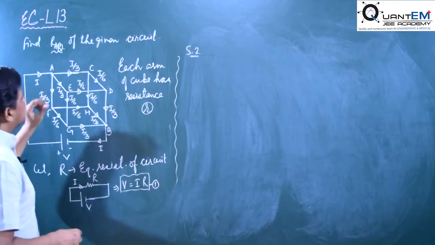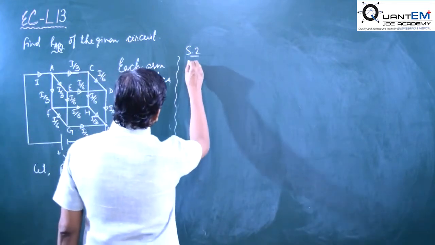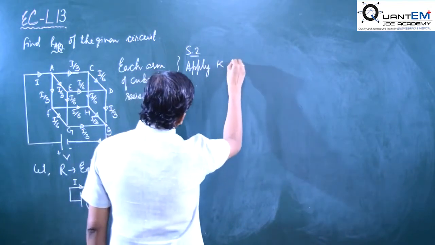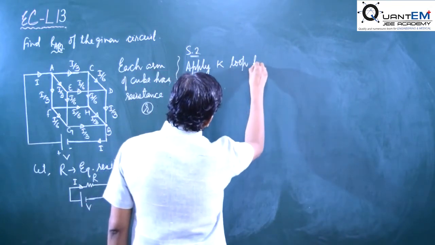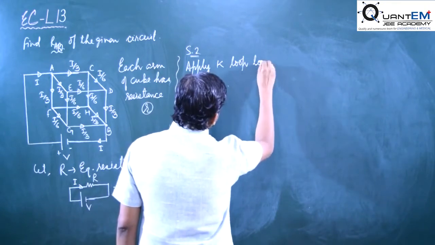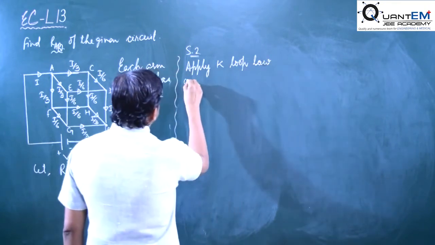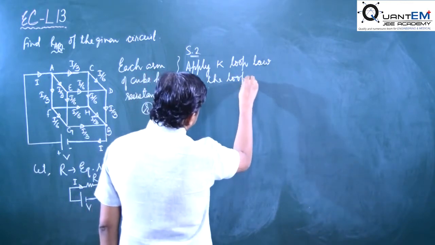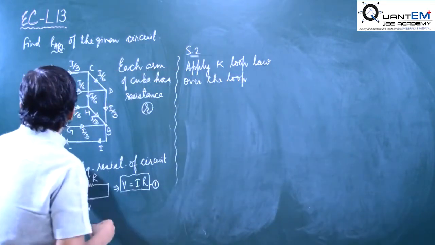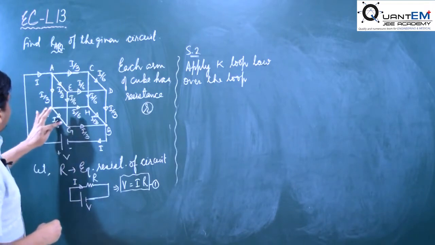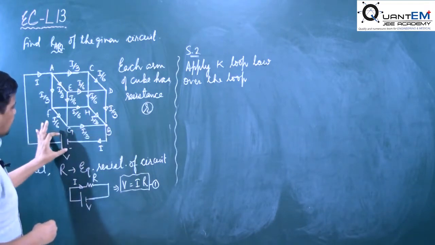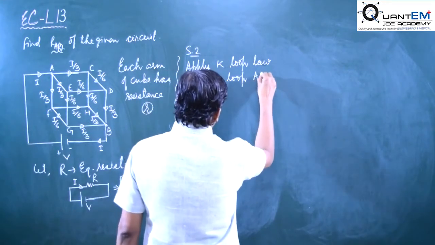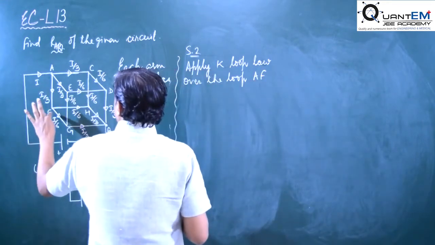So we apply Kirchhoff's loop law over the loop. Say we consider this loop A, F, G. You may consider any loop, but the source potential must be there.